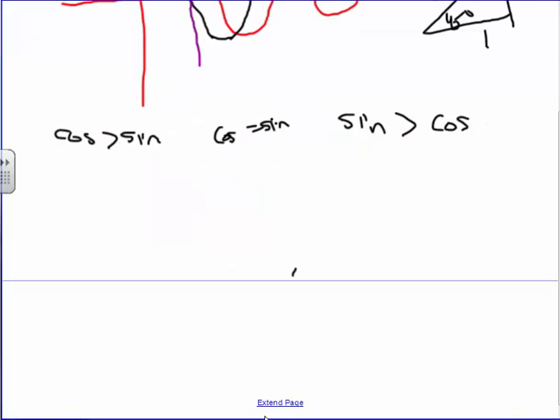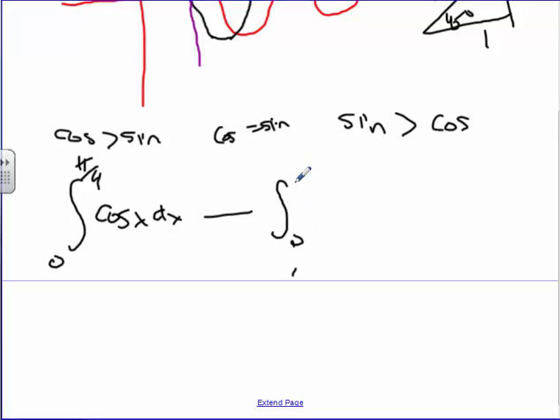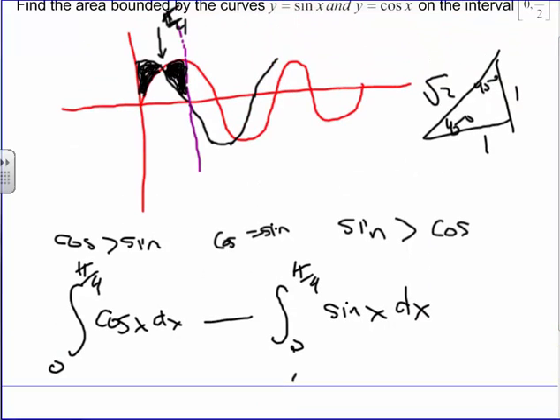So here's what this means. We need to do from 0 to pi over 4, we need to do cosine minus sine. And the reason we need to do that is because the cosine graph is bigger than the sine graph until you get to pi over 4.